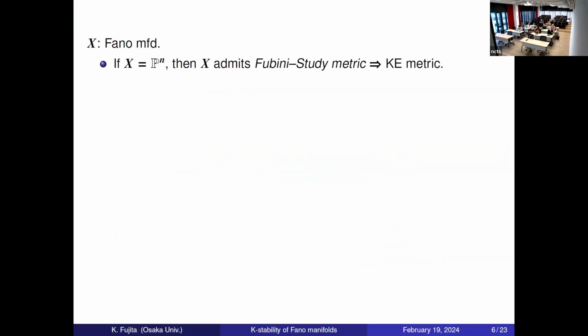If X is a projective space, then we know that a projective space admits the Fubini-Study metric, and the Fubini-Study metric is Kähler-Einstein by explicit computation. So for P^n and the product of projective spaces, the Calabi problem is of course affirmative, but there is an obstruction.